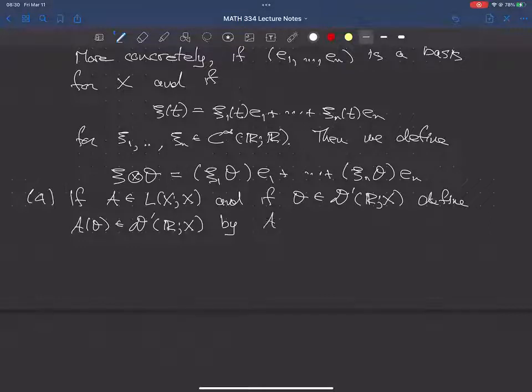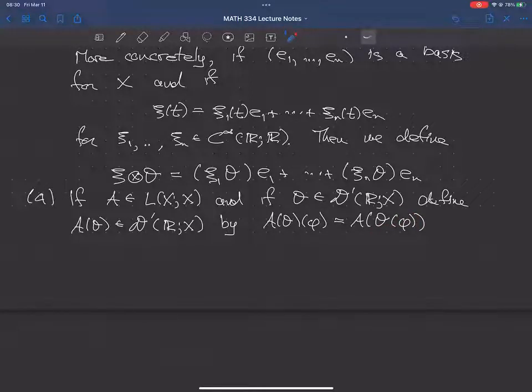So A of theta applied to phi is A of theta applied to phi. So this is defining this as a vector valued distribution. So it takes a scalar test signal, and it does it by applying A to the vector that I get by applying theta to that scalar test signal. Okay.